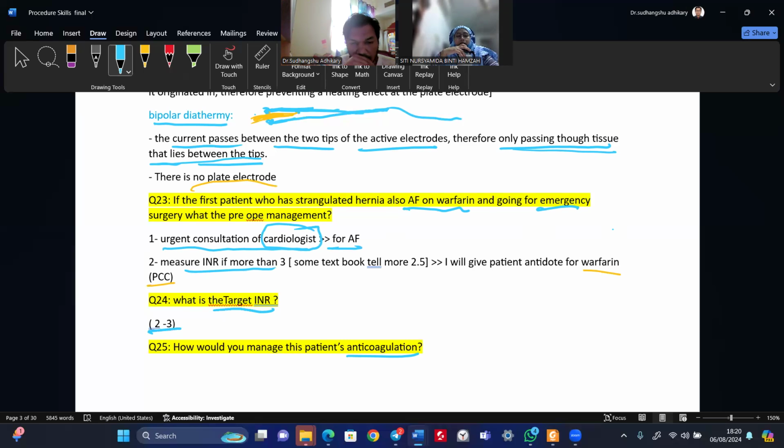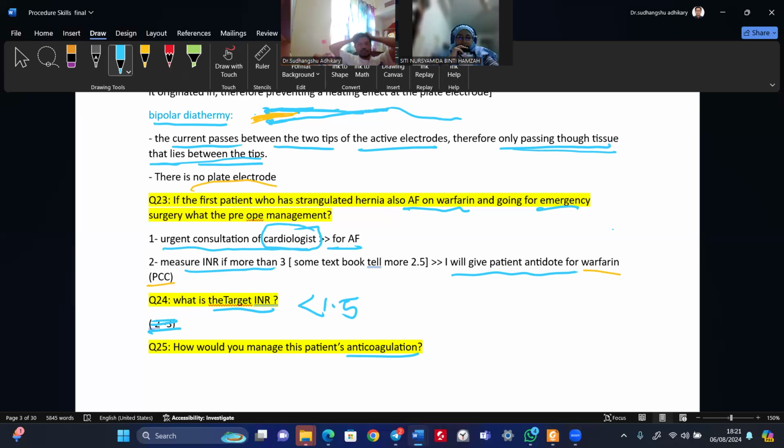If INR is more than 3, we should give an antidote like prothrombin complex concentrate, and reverse the warfarin. Aim for INR less than 1.5 before operating.